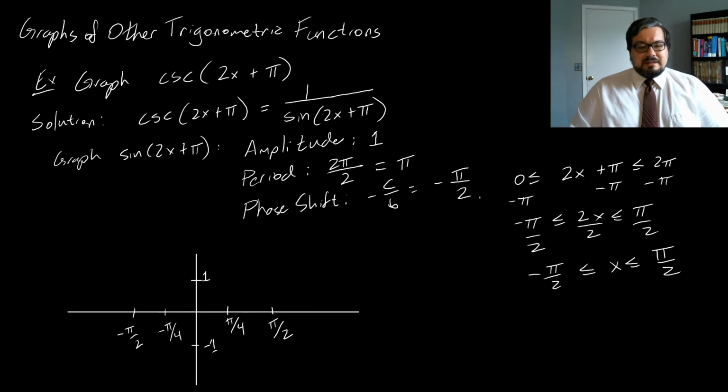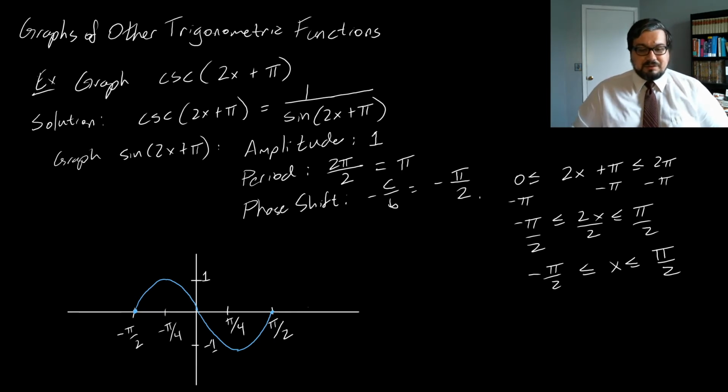So we know that the graph of sine accomplishes its standard movement from 0 to 1 to 0 to -1 back up to 0 within a single interval from -pi/2 to pi/2.